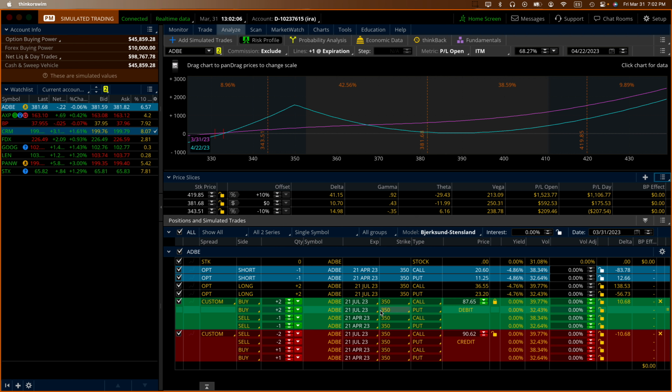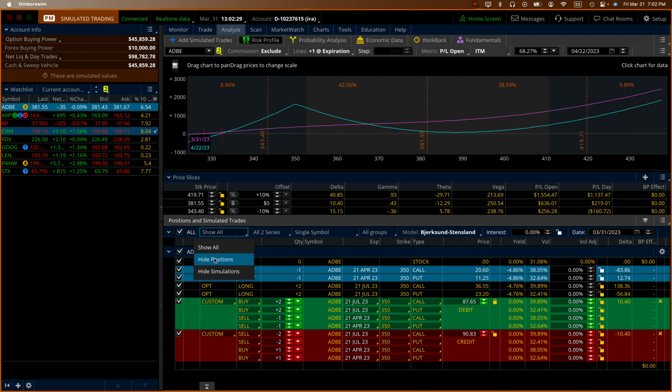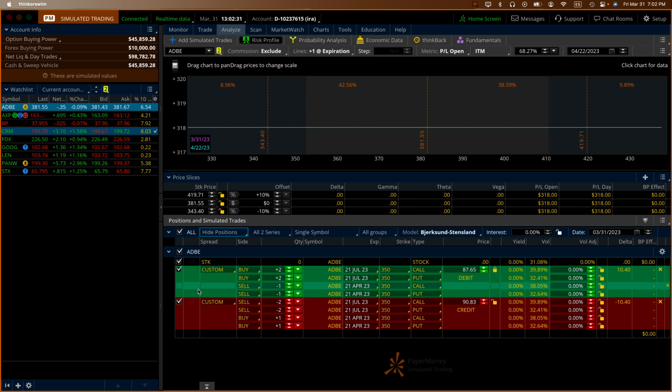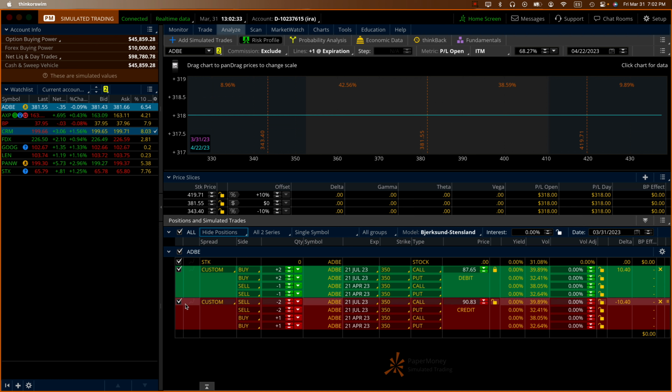You can see that I keep my current price, and this is my current position. It cost me $8,765, which is this number times 100. And this is, if I were to sell it today, how much I would get. So then you know the difference between those two. You can hide the current position just in case you have already done some adjustments.